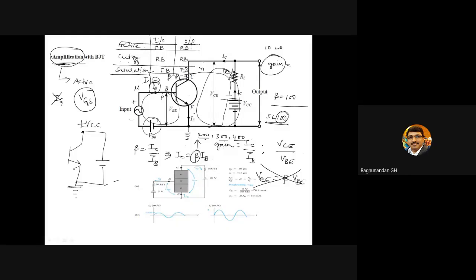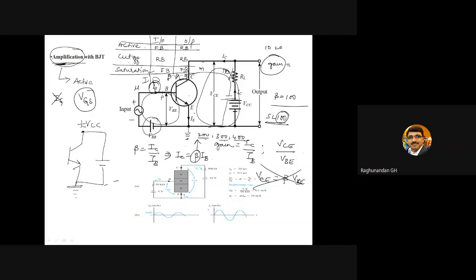We will not talk about IG. IG is the gate current, but we will not talk about that because FET is a voltage controlled device. So by properly adjusting the base current and properly choosing the transistor, you can get the required output.